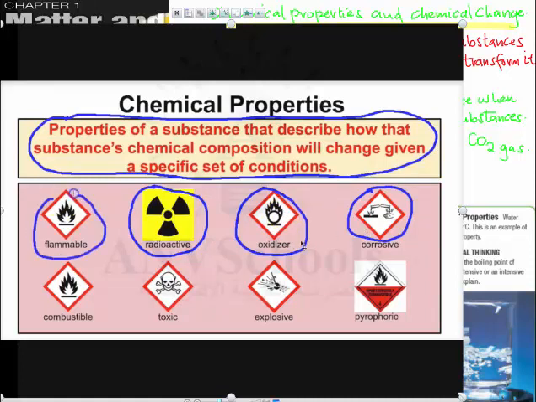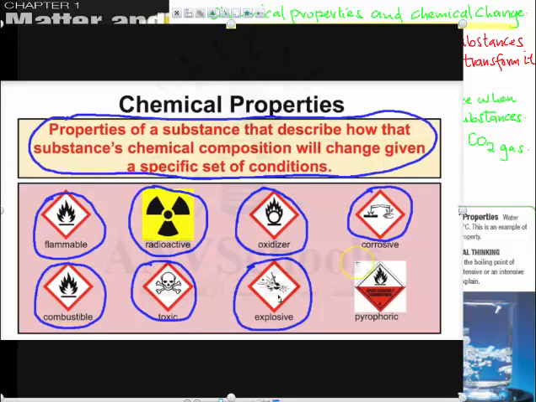Corrosive means that if you have acid and metal and you put them together, they might react and form new substances. In combustion, for example, you burn paper, you will get ash and you will not be able to get the paper back, and so forth. All these are chemical reactions: explosive, something being toxic or hydrophobic.